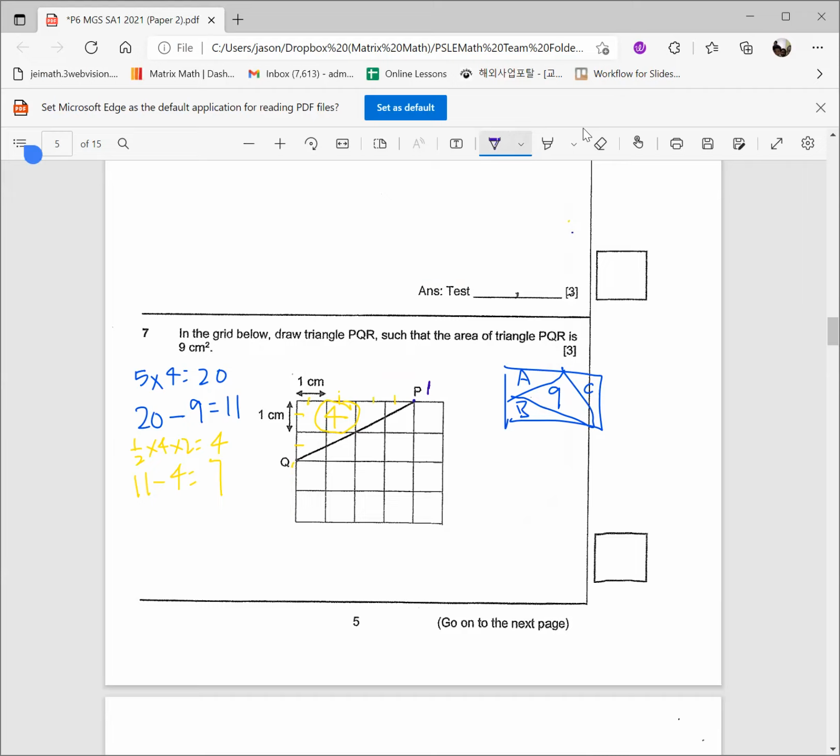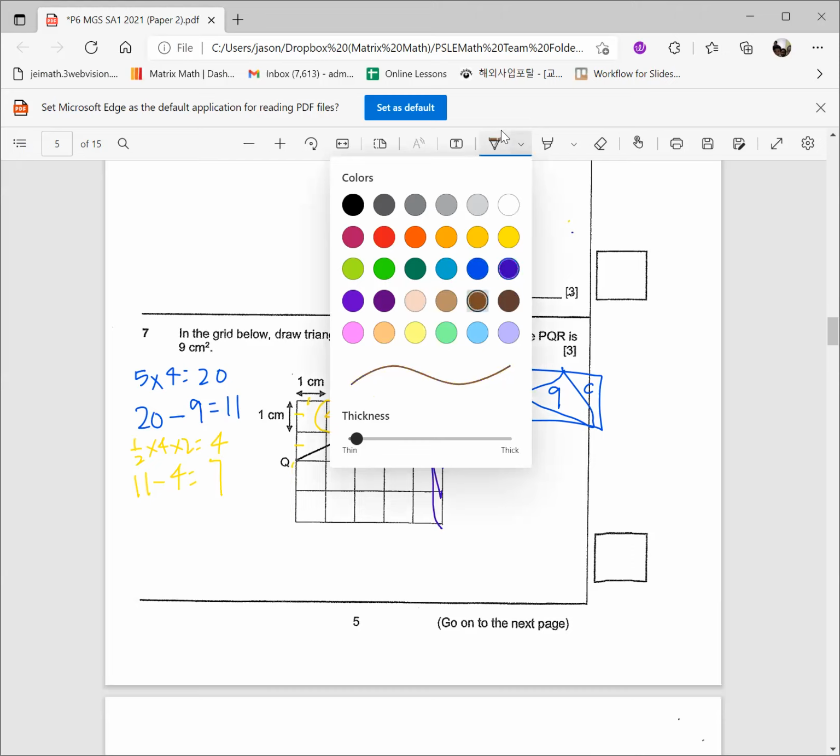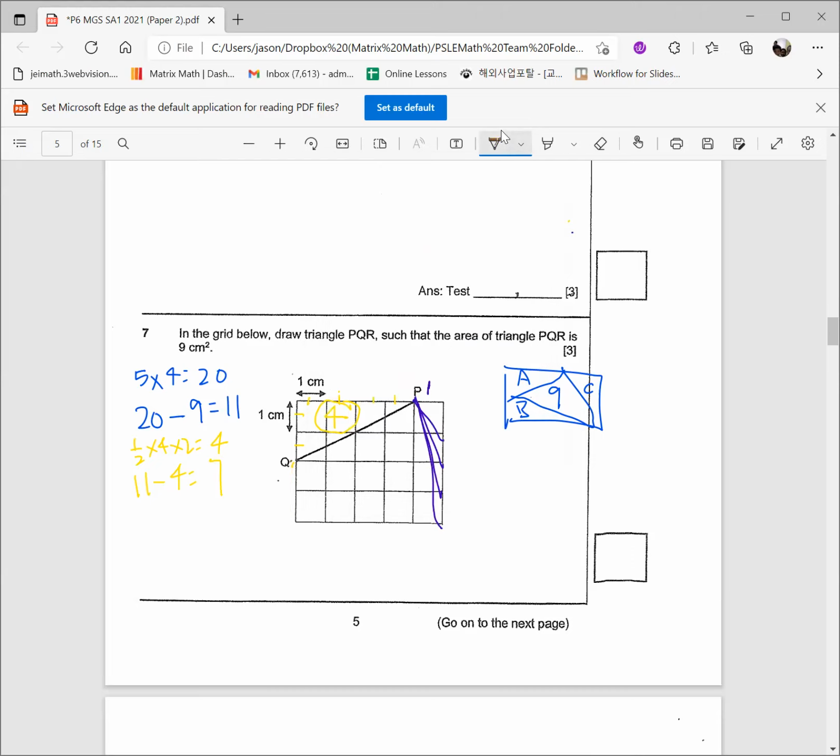This is the only base. The height can be here, here, here, or here. Similarly, on this side I have another triangle. I know the base is going to be 2, because it touches this point. The height can be here, here, here, here, or here.